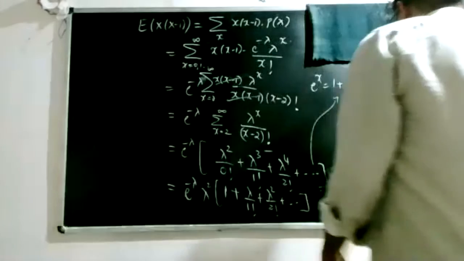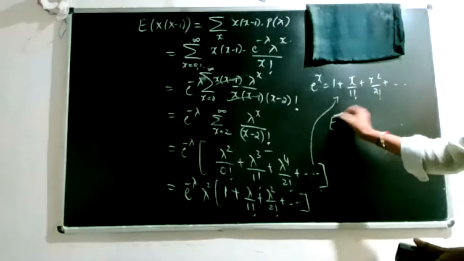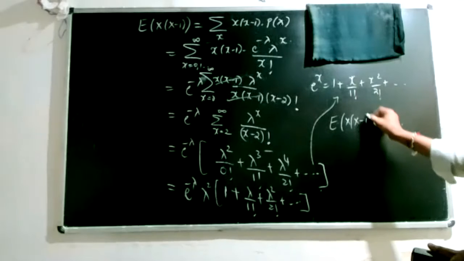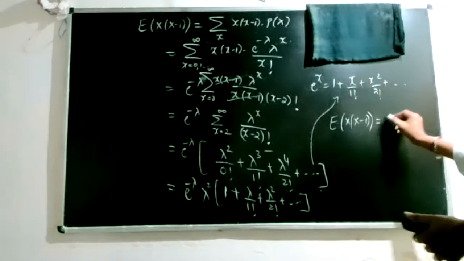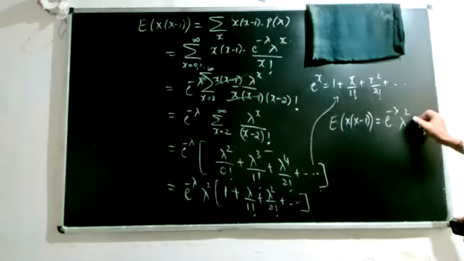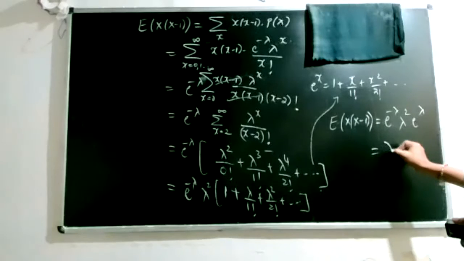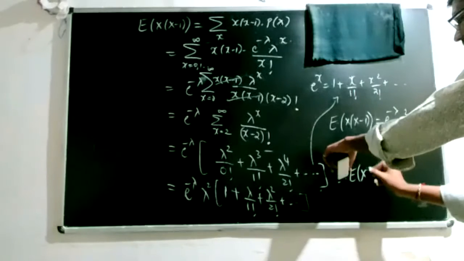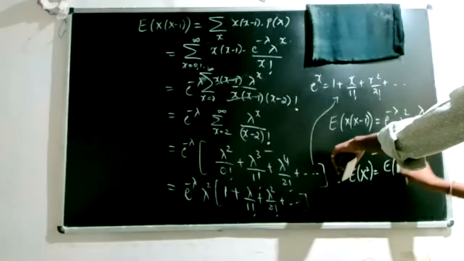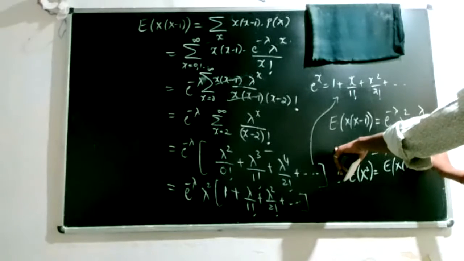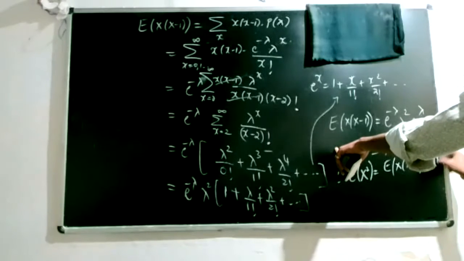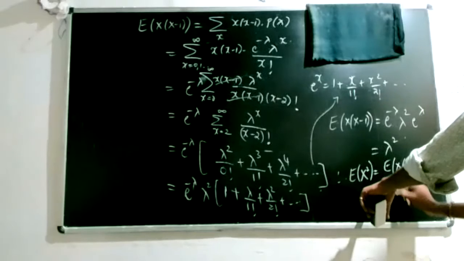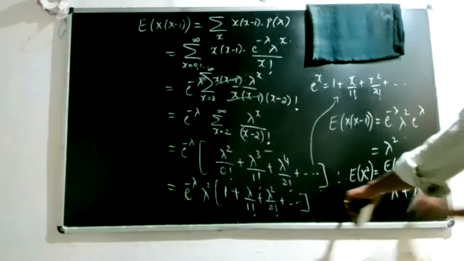So you have E of x into (x minus 1) equal to e power minus lambda, lambda square e power lambda, which is equal to lambda square. Therefore, E of x square, which is defined as E of x into (x minus 1) plus E of x, becomes lambda square plus lambda.